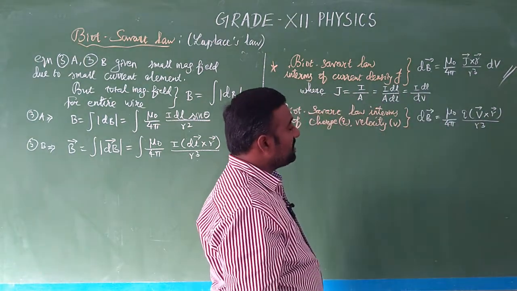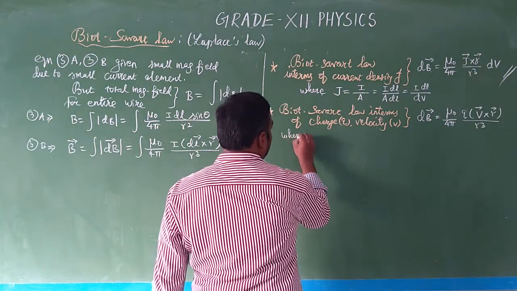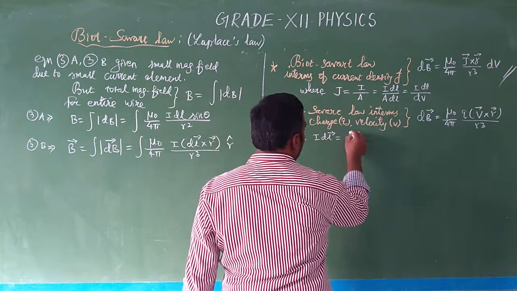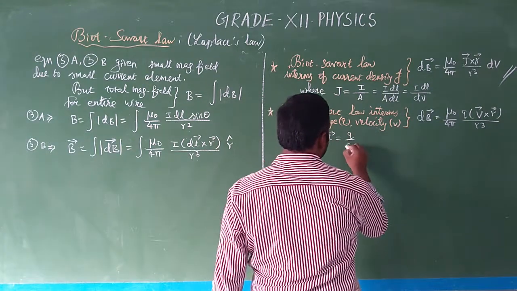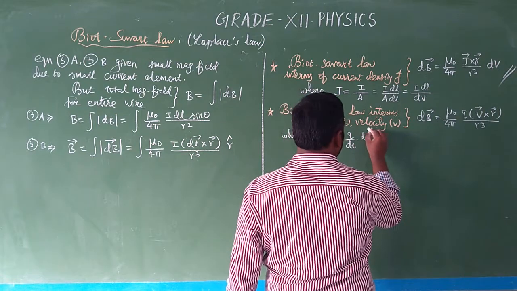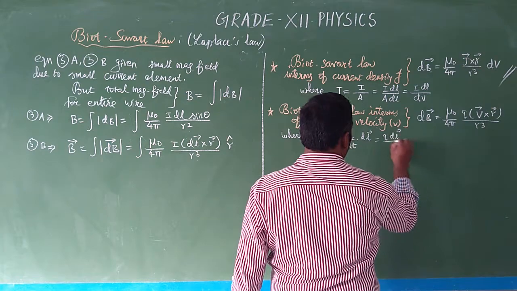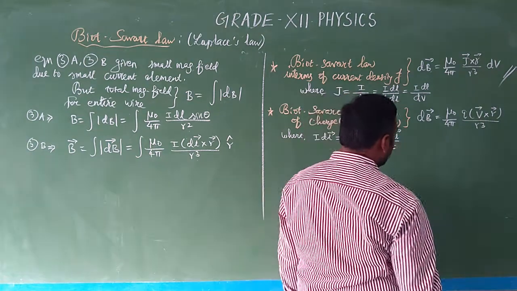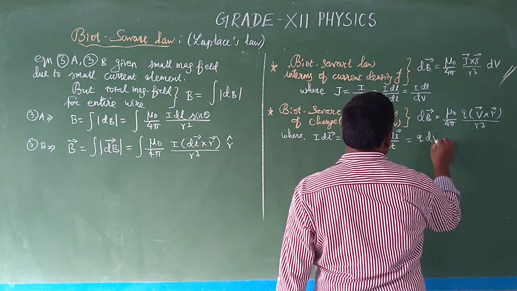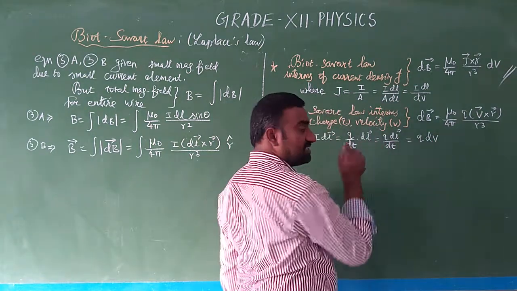And what is v? It's the velocity. Where I dl vector is equal to q by dt into dl. But also we can write it as q into dl vector by dt, which is equal to q into v, because dl is a current element and dt is a small time.